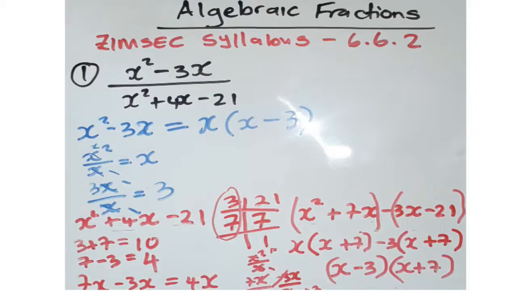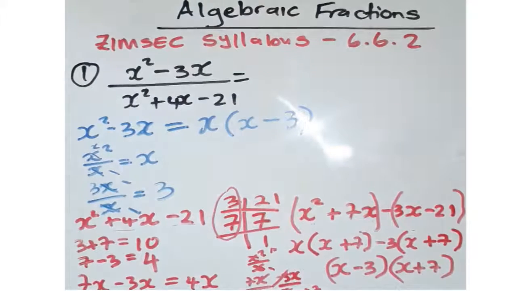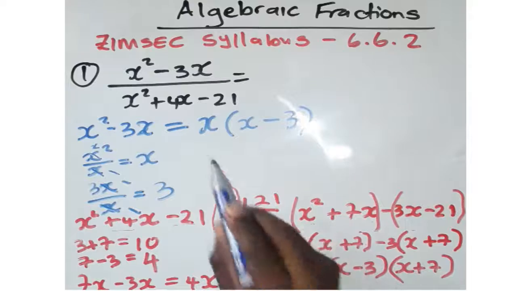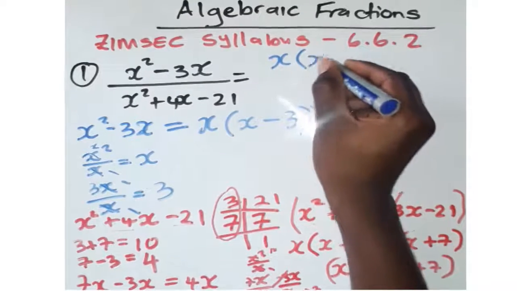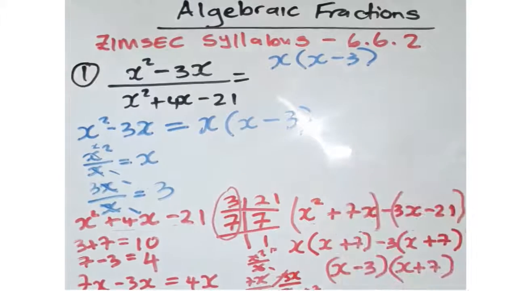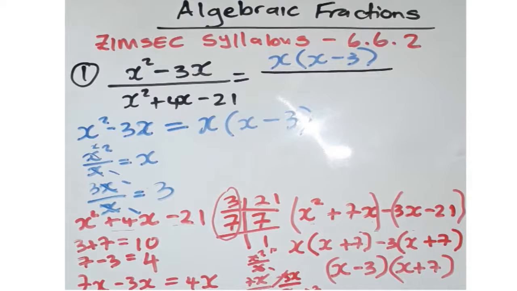So we now definitely have to write this out and simplify it. When we factorize this, we got this. So we write x, open bracket, x minus 3, close bracket, and then all over, what did we do with the denominator?